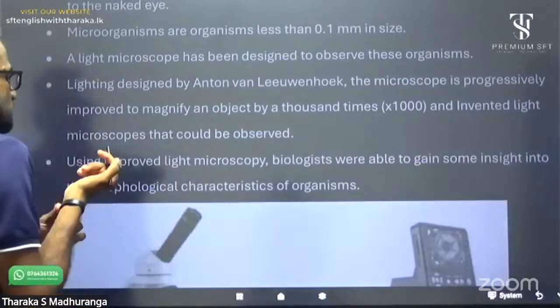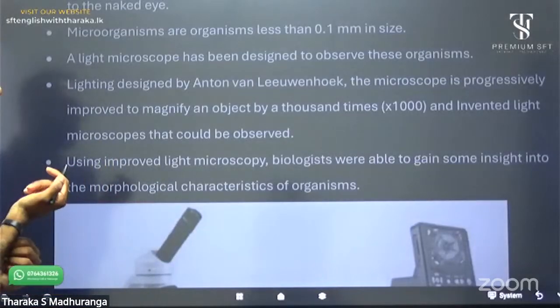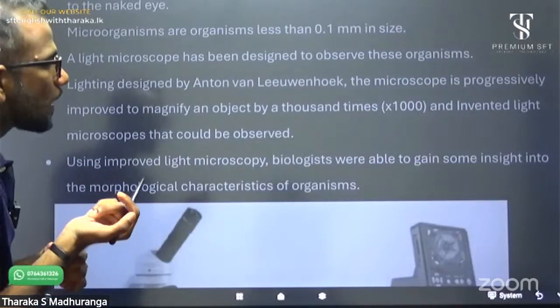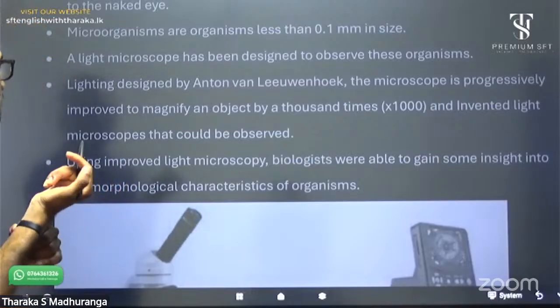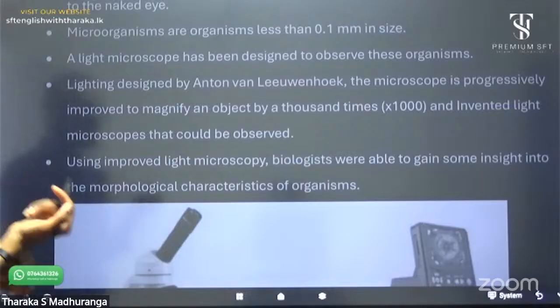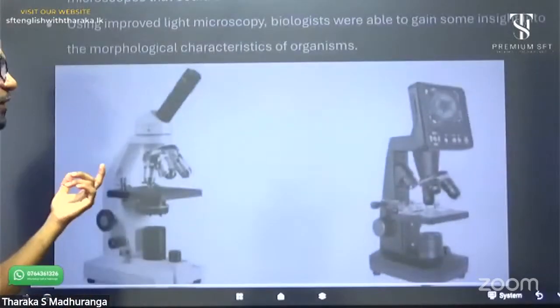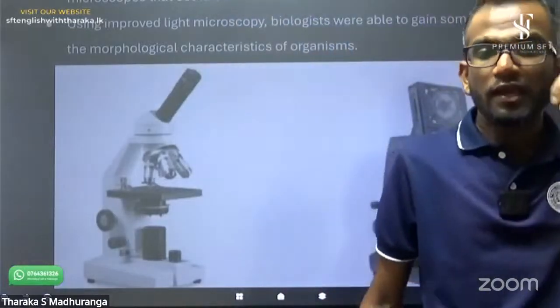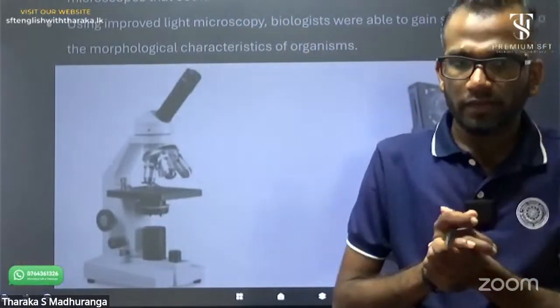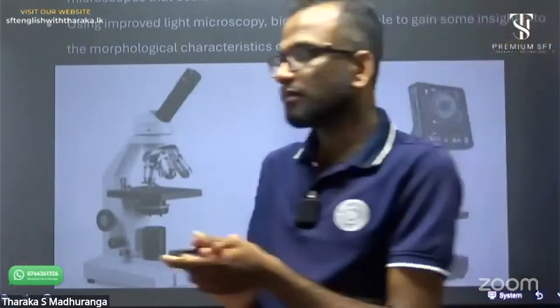Using the improved light microscope, biologists were able to gain insight into the microbiological characteristics of organisms. Nowadays, due to modern technology, we investigate not only microorganism types but also their internal structures.